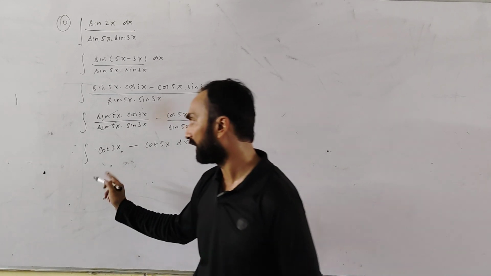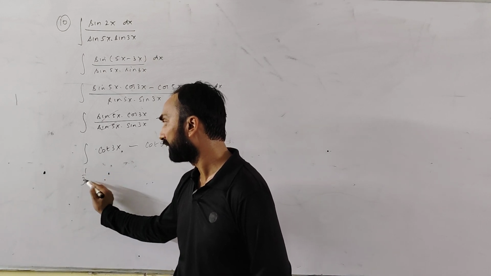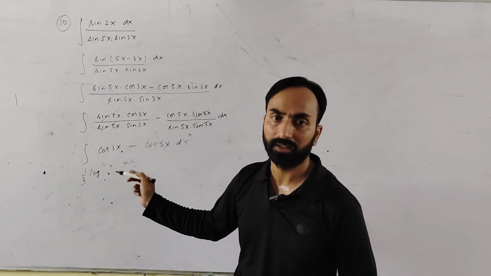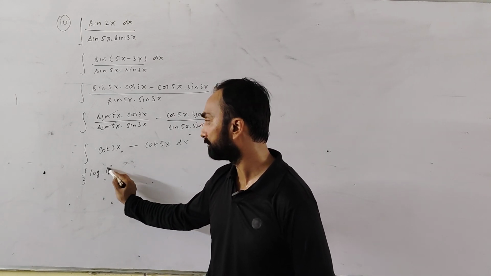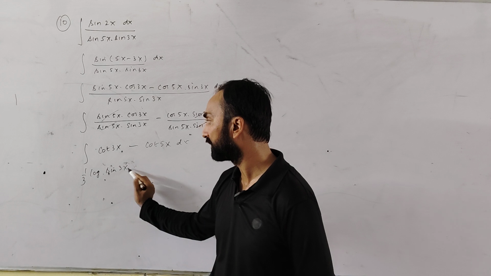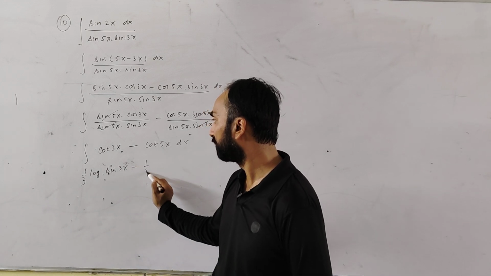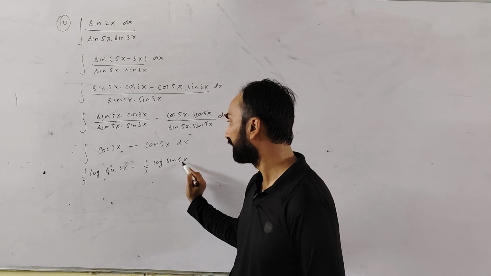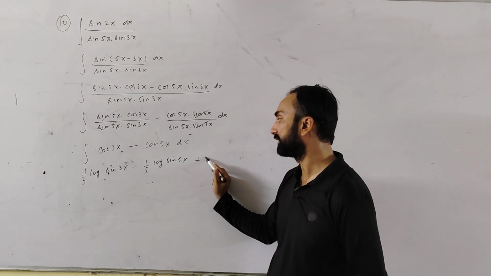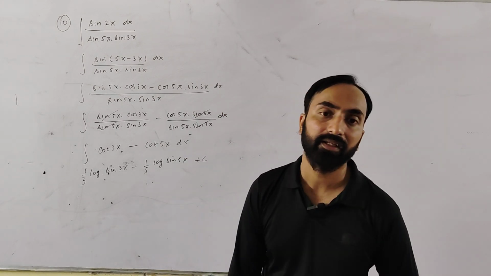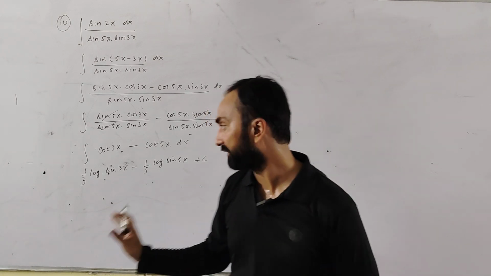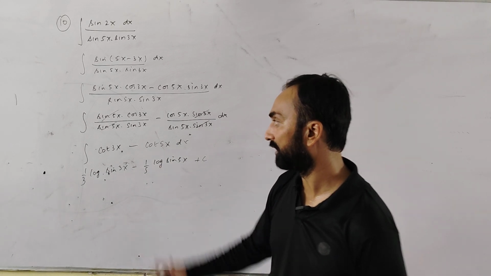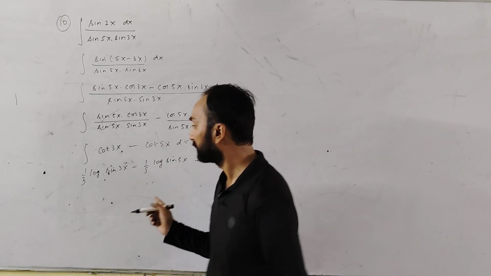So using that I can write 1 by 3 log sin 3x minus 1 upon 5 log sin 5x, right? And plus c. So this will become 1 by 3 log sin 3x minus 1 by 5 log sin 5x, right? So this is our final answer.